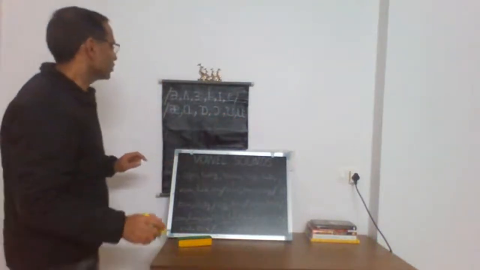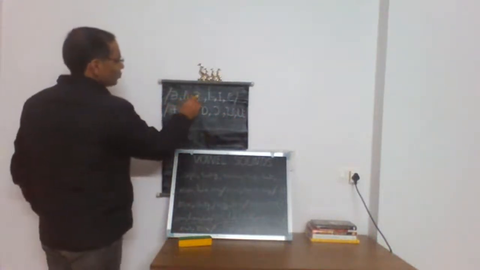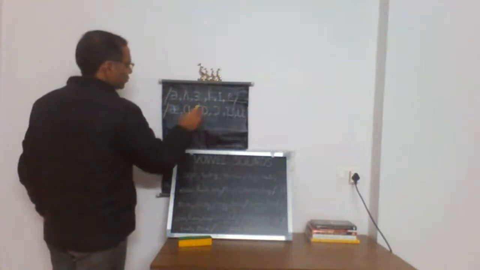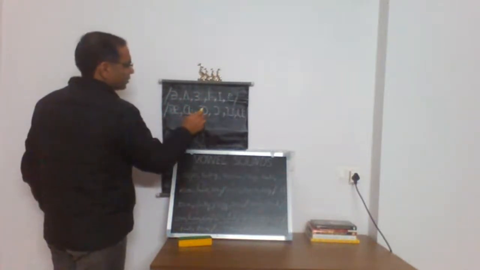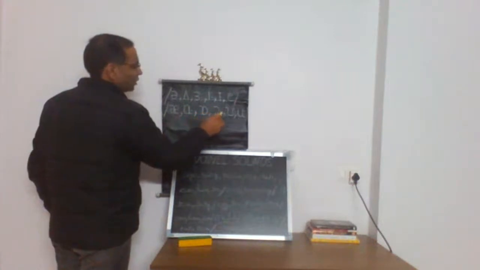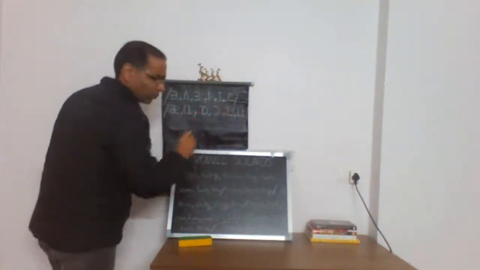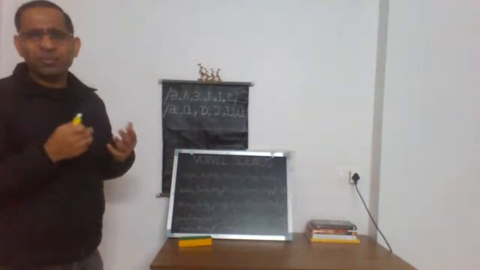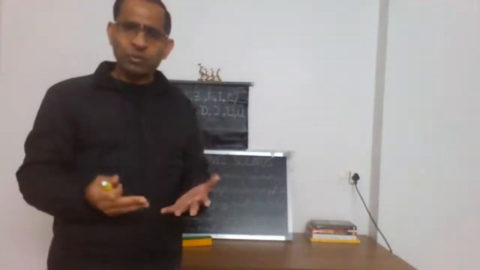Let us count the sounds. 1, 2, 3, 4, 5, 6, 7, 8, 9, 10, 11, and 12. So these are our 12 monophthongs.